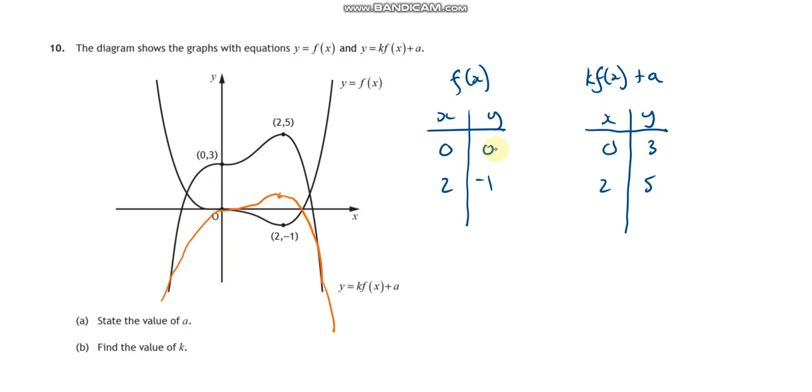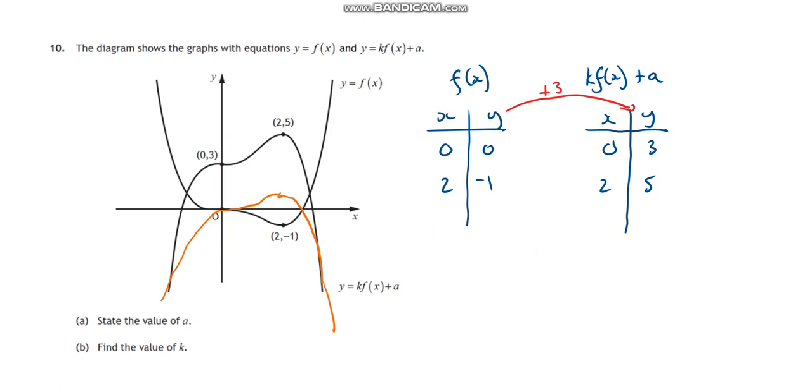So I'm thinking y's definitely been moved up by, to get from here to here, there's been a plus 3, hasn't there? Because even if I times 0, 0 by any number, like k, it doesn't affect that. So that's been moved up by 3. So this has also been moved up by 3, but if you were to add 3 onto that, you get 2. You're thinking, okay, well, that's because it's been multiplied by something as well.